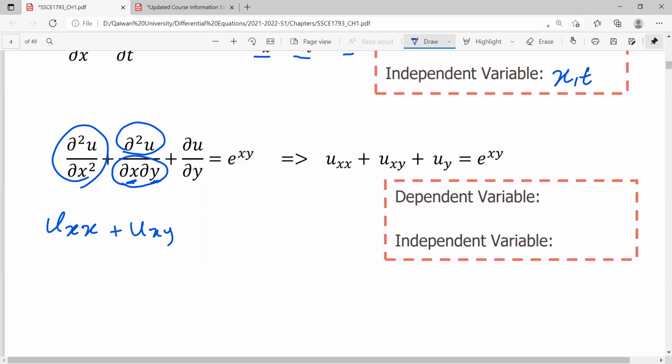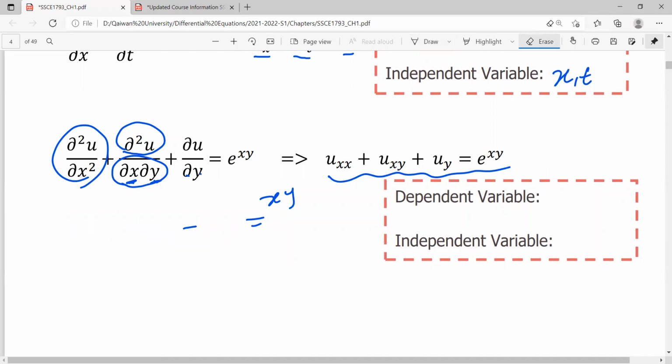Then we have partial u by partial y, which is u sub y equals e to the power xy. As you see, it's written down here. So the dependent variable is u, and the independent variables are x and y.